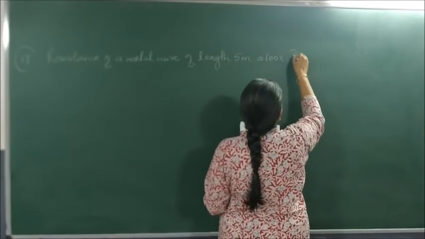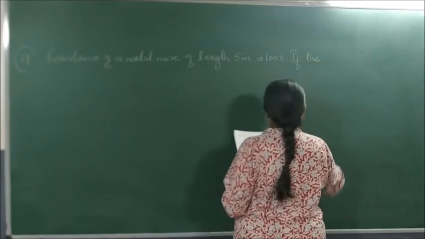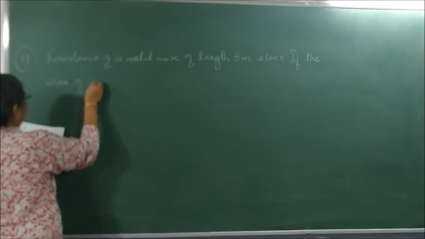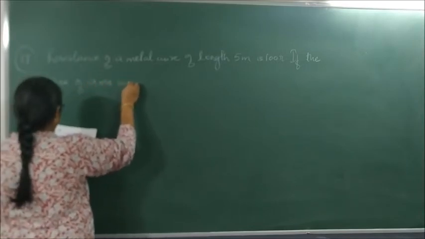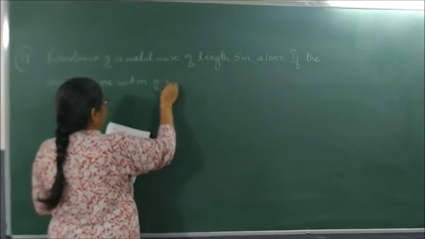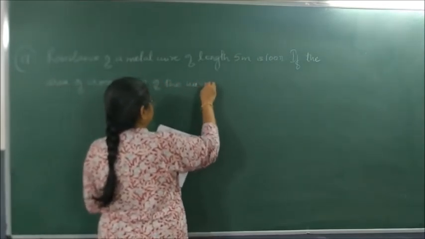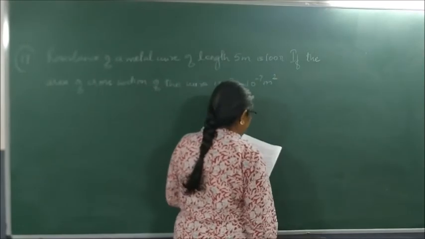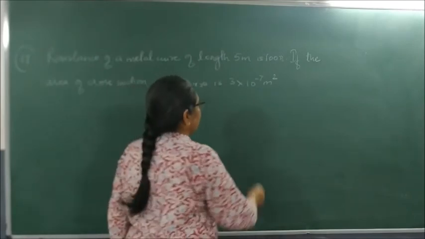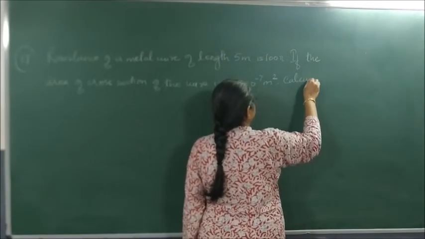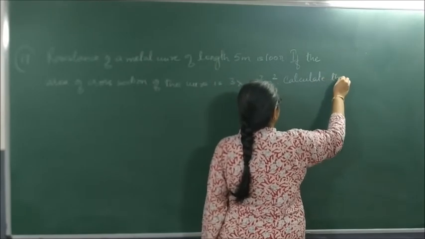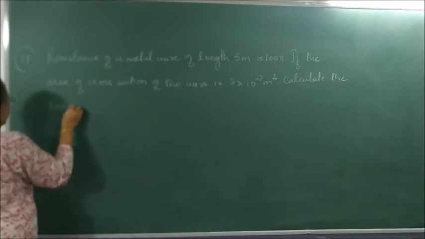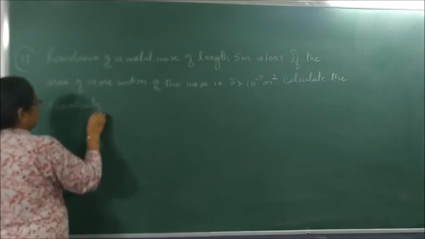If the area of cross section of the wire is 3 into 10 to the power minus 7 meters square, calculate the resistivity of the metal.